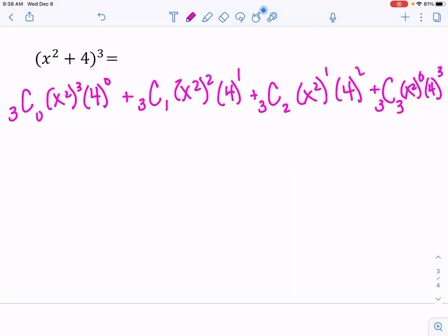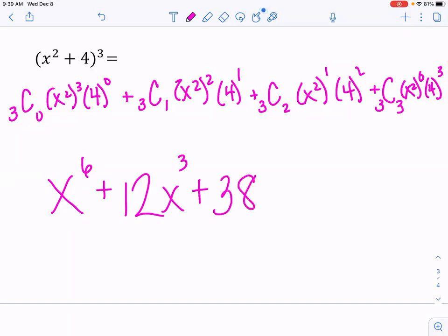Grayson, what's our first term? Katie, what's our second term? Paige, our third term. 48 x squared.